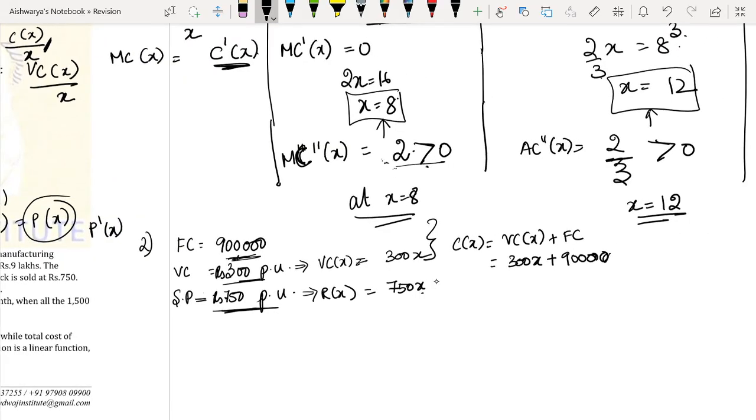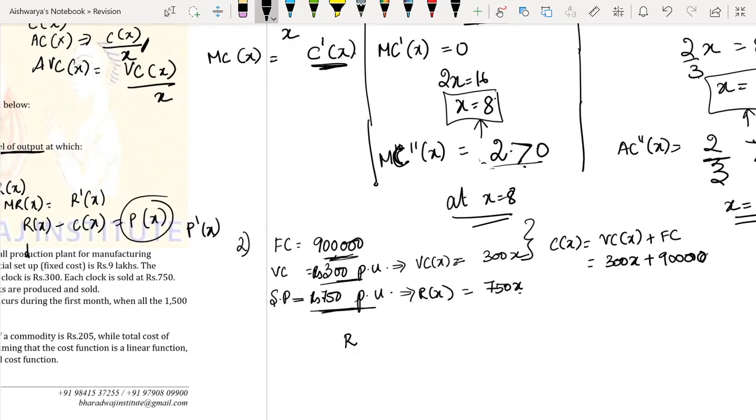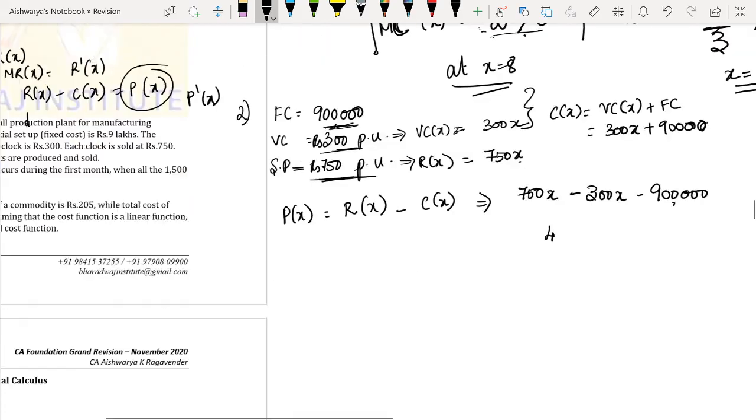So the question is asking, in the first part, whether we have profit or loss. So first let's write down the profit function. P of x is nothing but R of x minus C of x. So R of x is 750x minus C of x, which is 300x plus 9 lakhs. Okay, so which is nothing but 450x minus 9 lakhs.